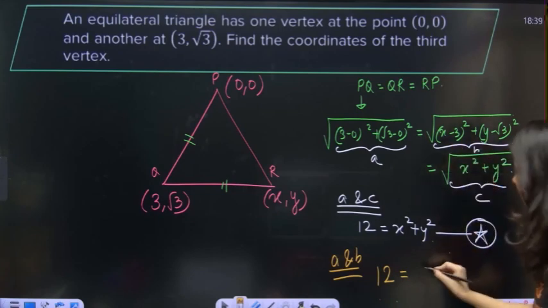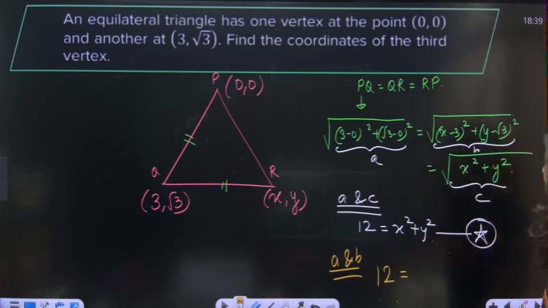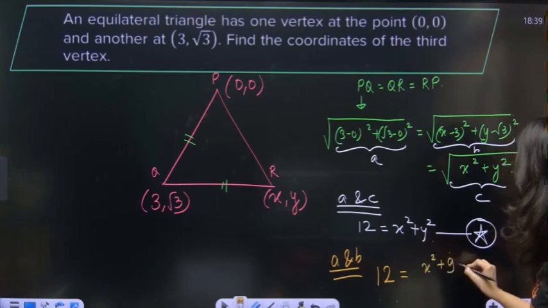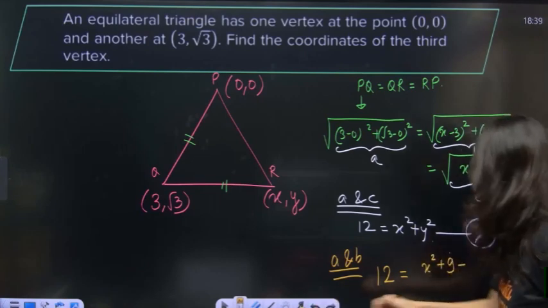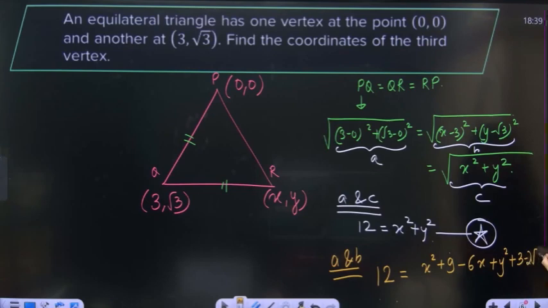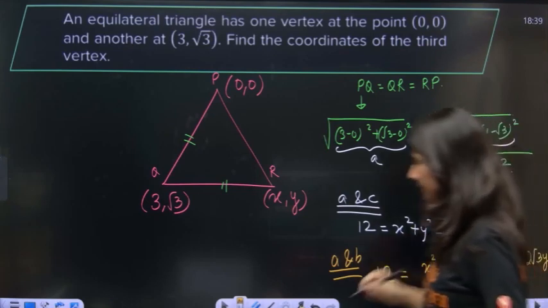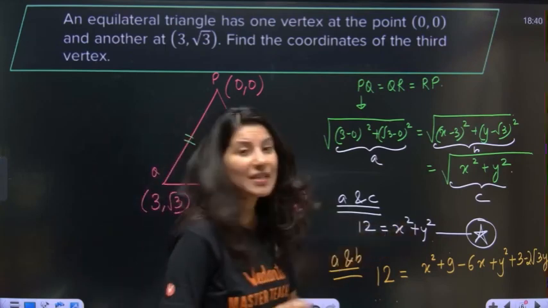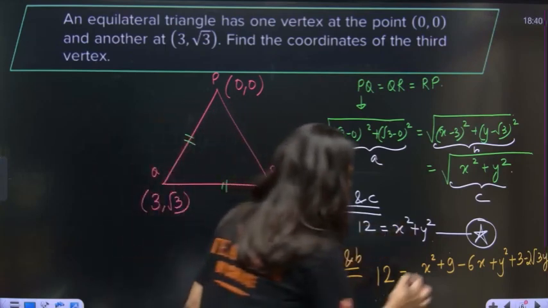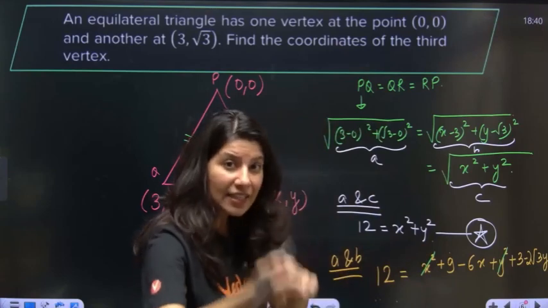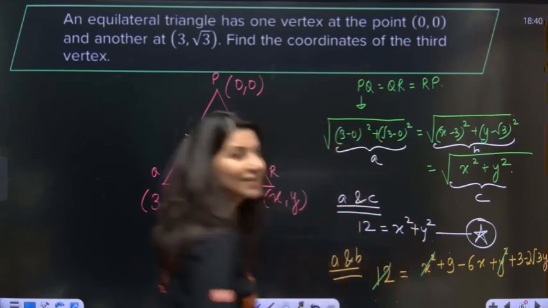12 is equal to, what is this? x square plus 9 minus 6x plus y square plus 3 minus 2√3y. Now one thing, very interestingly, x square plus y square can be written down as 12. So x square plus y square will be 12 and 12 will be cancelled out by this particular 12.